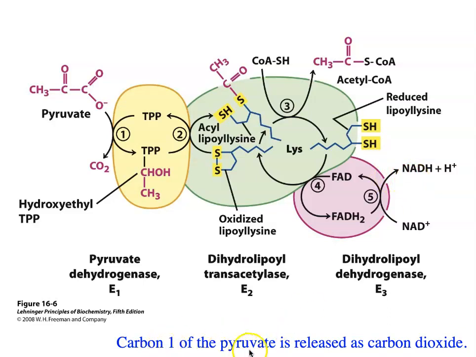Carbon 1 of the pyruvate is released as carbon dioxide. So this is the first carbon released from the original glucose molecule, since one glucose molecule produces two pyruvates, and each of those pyruvates is converted into acetyl-CoA. That means we've now released two carbons from that original glucose molecule as carbon dioxide.